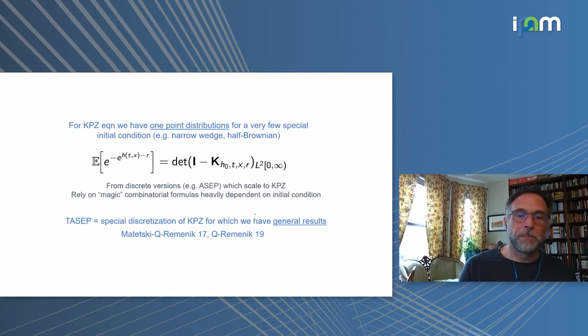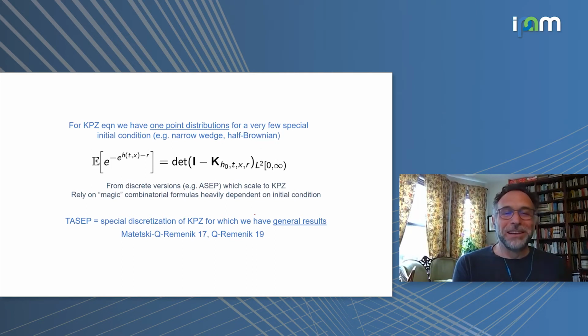All right. Now, for the KPZ equation, we actually have been able to calculate a few special one-point distributions. What that means is we have a few special initial conditions for the KPZ equation. For example, the narrow wedge initial condition or the half Brownian initial condition. Now, what do those mean? Narrow wedge means to start KPZ with the log of a delta function.